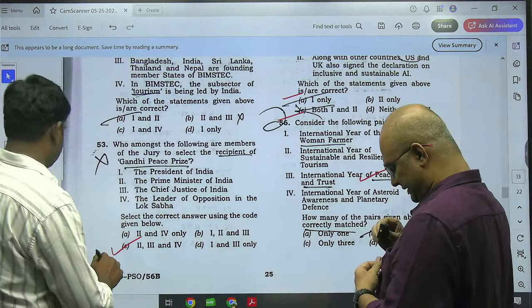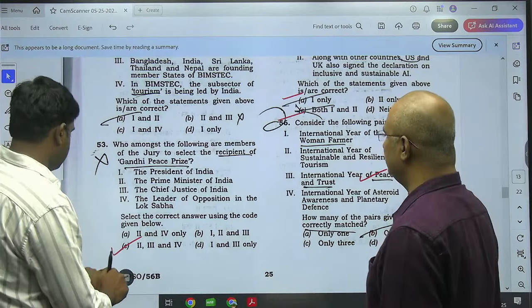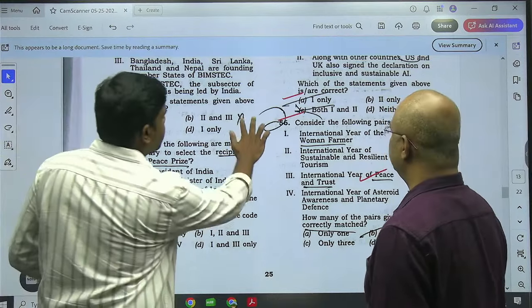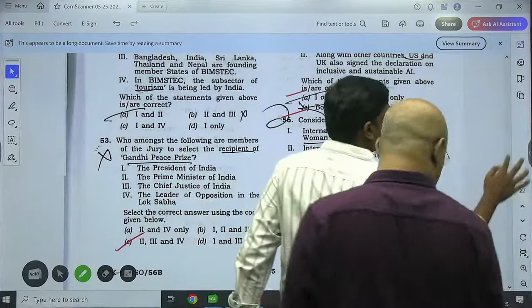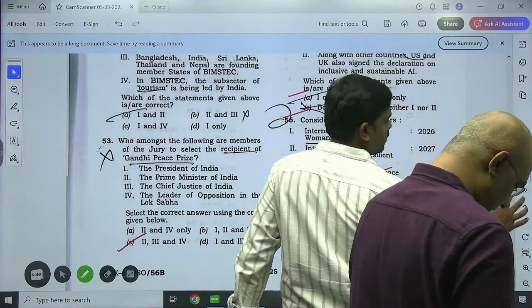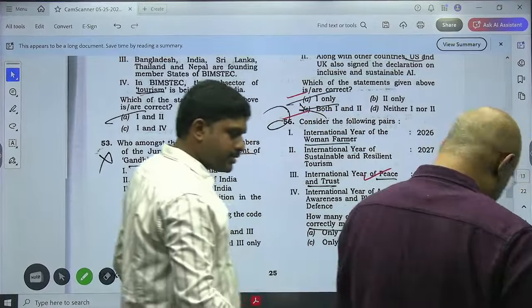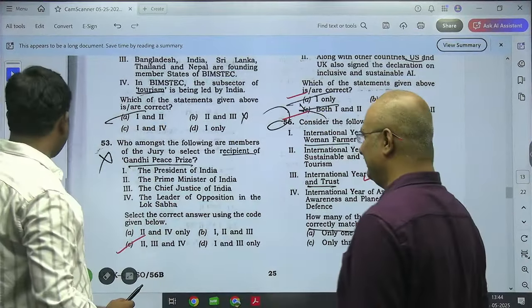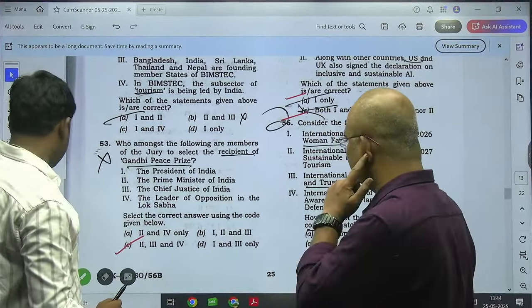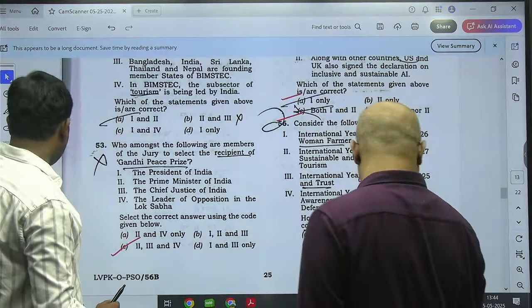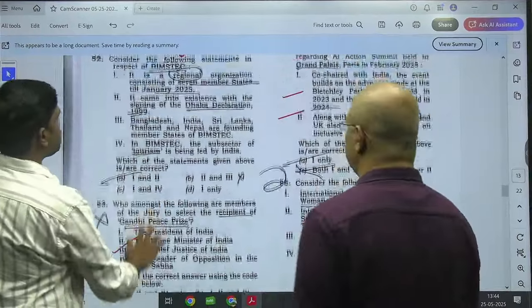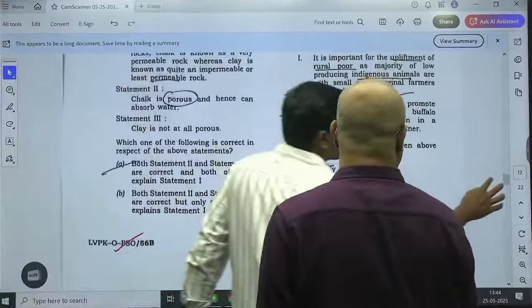Sir, which set is this? Set B. Set B is question number 21 to 30, and also 91 to 95. So we'll need to skip to question number 21.